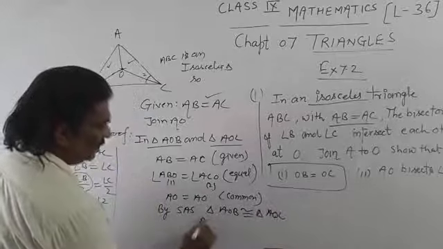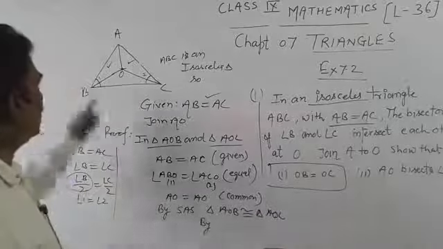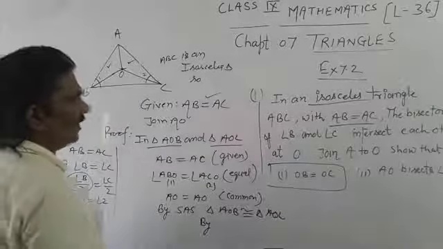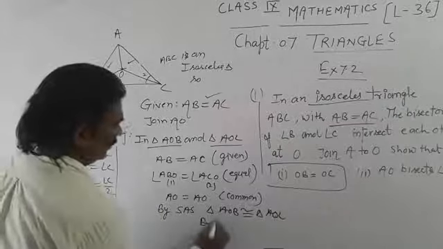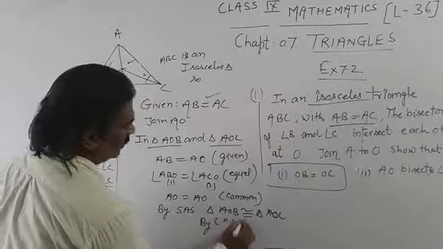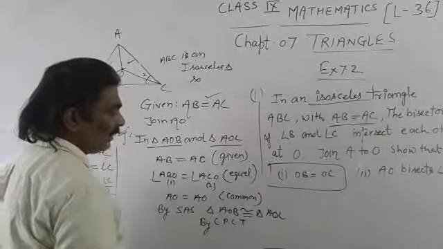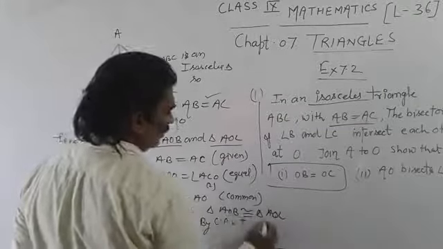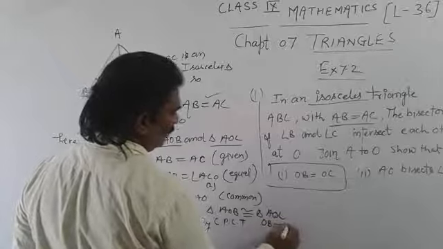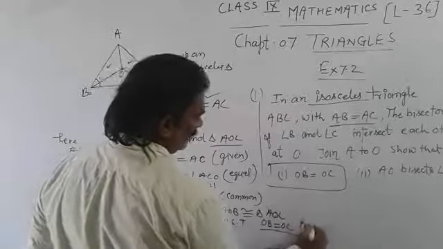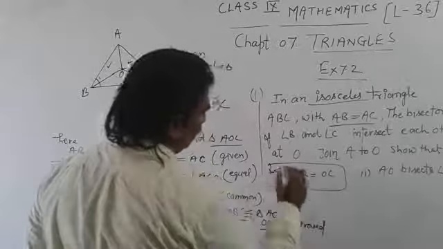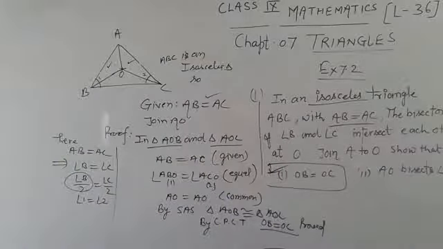By CPCT, because both the triangles are congruent, so by CPCT, which means corresponding parts of congruent triangles are equal, we can say that OB is equal to OC, proved. So first part is proved, OB is equal to OC.